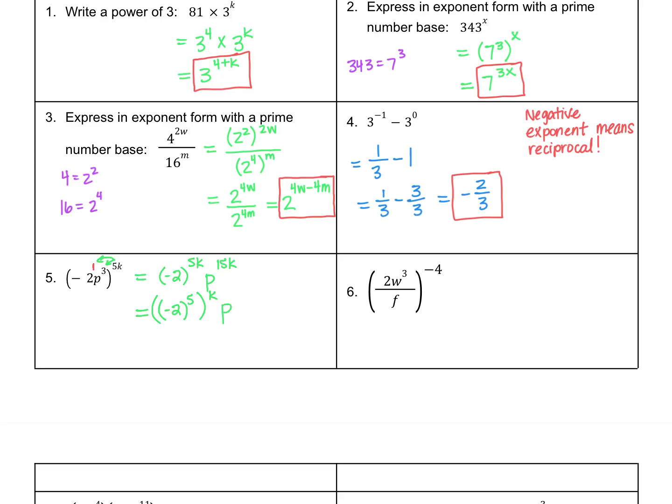Okay, and it'd be times p to the power of 15k. -2 times itself 5 times is -32. So this is the same thing as having -32 to the power of k times p to the power of 15k.